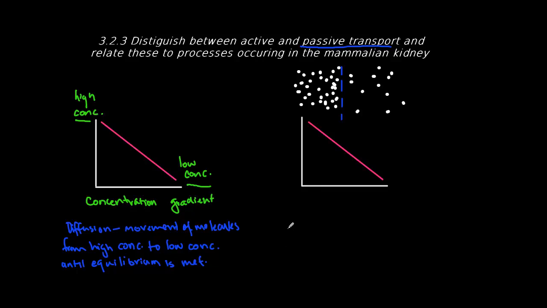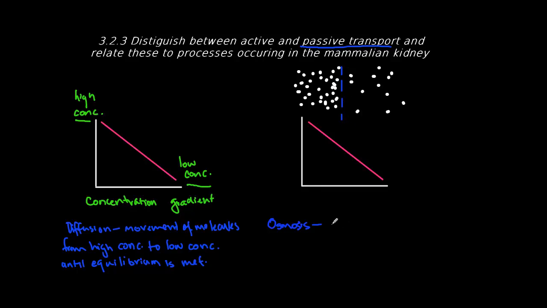The second type of passive transport is osmosis. You may recall osmosis from preliminary biology. Osmosis is the movement of water, and it requires a semi or selectively permeable membrane.